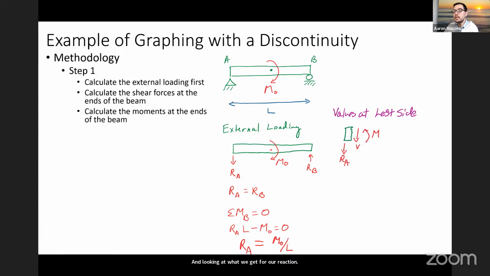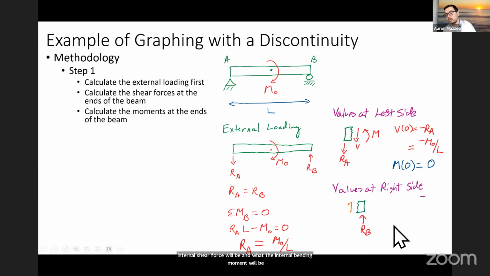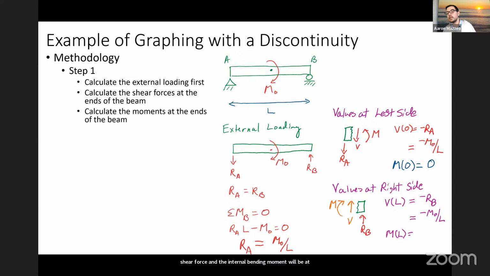When we look at the internals at the left and the right side, as we see here, we are able to calculate what the internal shear force and the internal bending moment will be at the left side, and we're able to calculate what the internal shear force and the internal bending moment will be at the right side as well. And we get this.